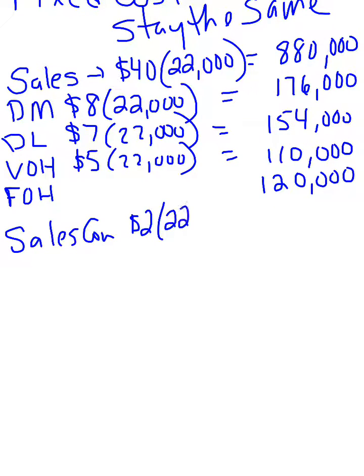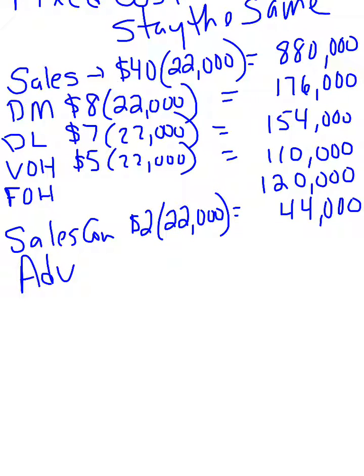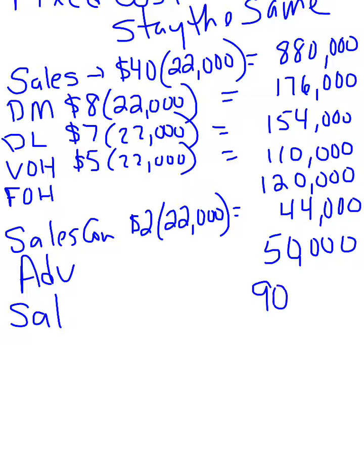Then $7 times 22,000 units equals $154,000. For variable overhead, we have $5 times the 22,000 units, and that gives us $110,000. Now, our fixed overhead amount is not going to change.